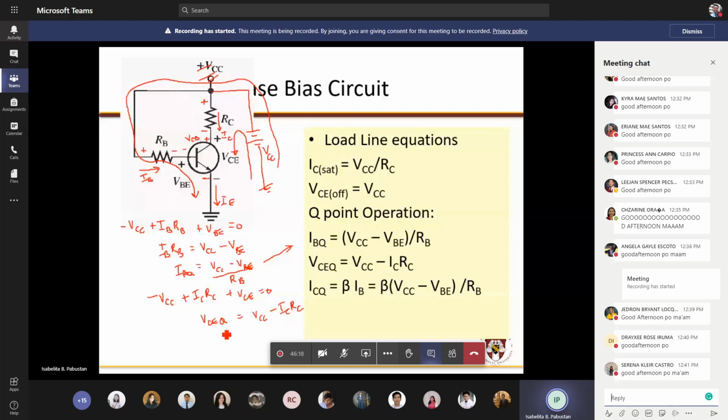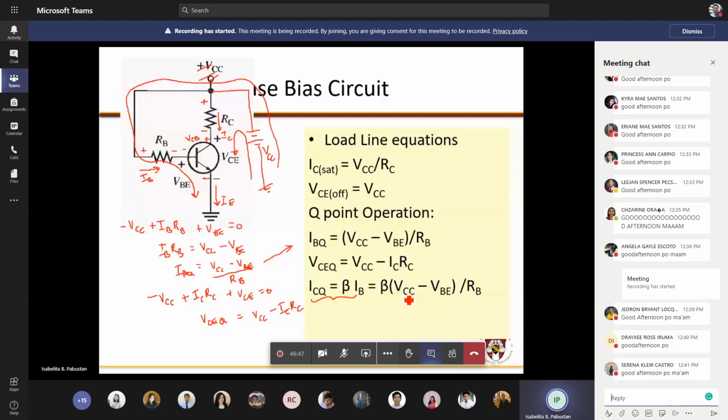And then, of course, you compute for your IC using your formula beta IB. Di ba, your IC is equal to beta IB. But then, you can substitute your IB, the IBQ, beta times VCC minus VBE over RB.